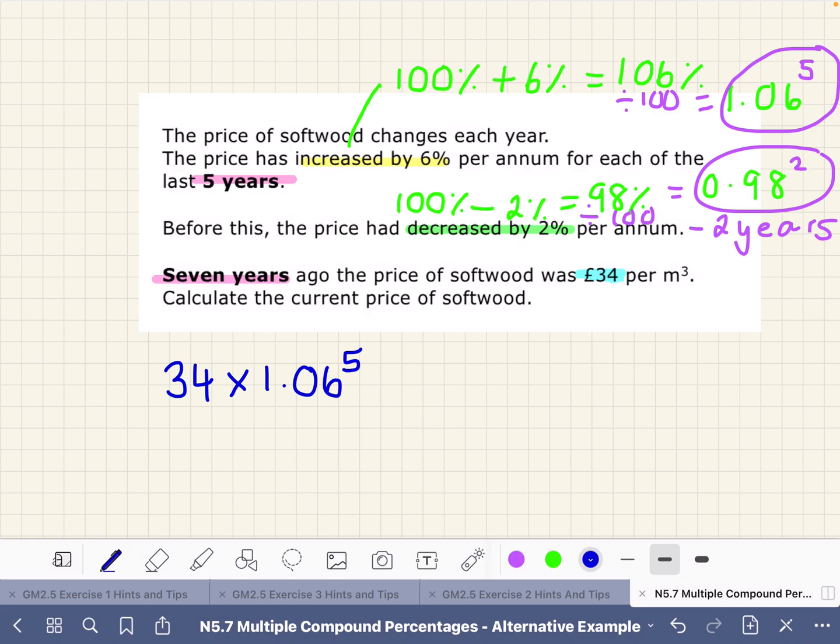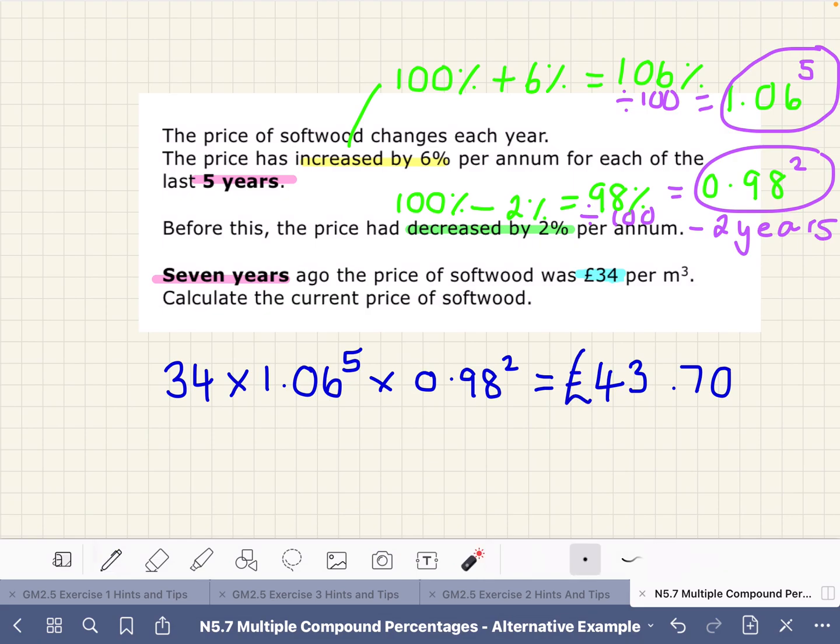Because there is more than one change during this 7-year period, we can include the next change on the one line. This can be typed into your calculator in one go, okay? And that gives us a value of £43.70.